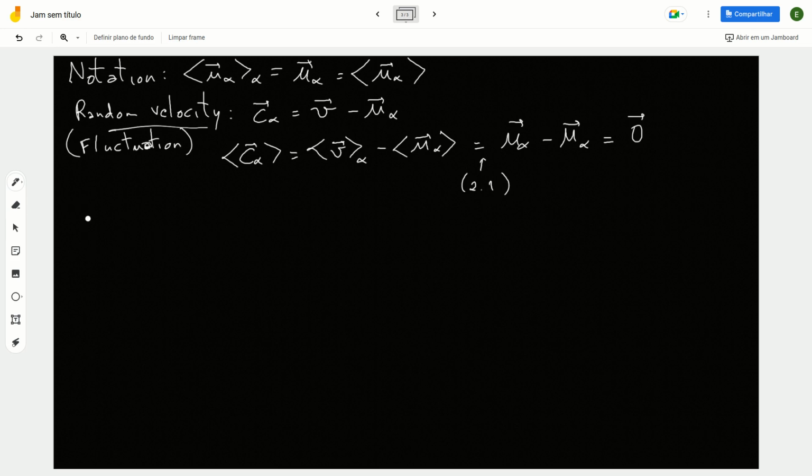We will also need the concept of flux. What is a flux? The flux of a quantity chi is defined as the quantity transported through a surface per unit area and unit time. So let's write it.